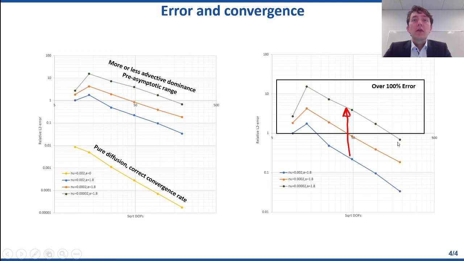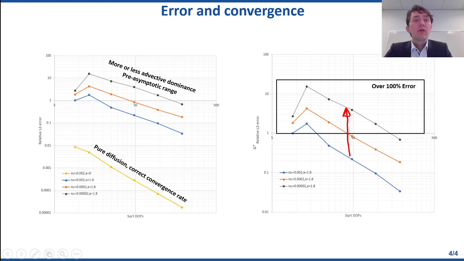And that is something that we struggle with quite a bit for these fluid mechanics problems in the finite element method. Also, specifically for coarse meshes, we just get solutions that are completely garbage.